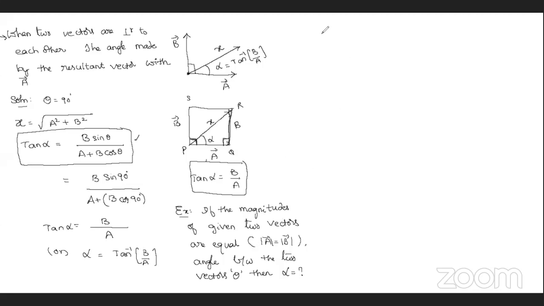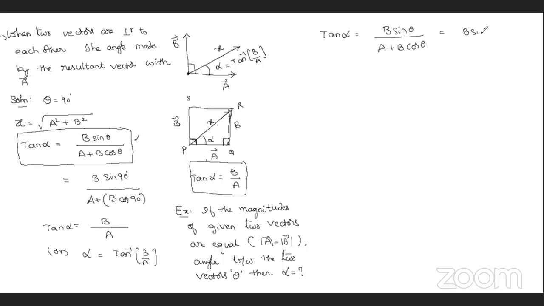Can I write again the formula? Tan alpha is equal to what is our formula? B sin theta by A plus B cos theta. Good. But A is equal to B. So in place of A, I am going to write B there.